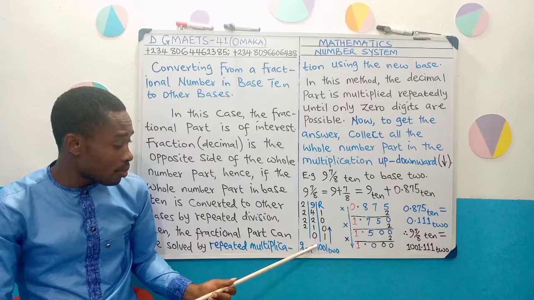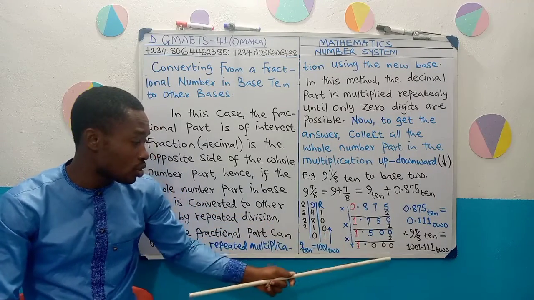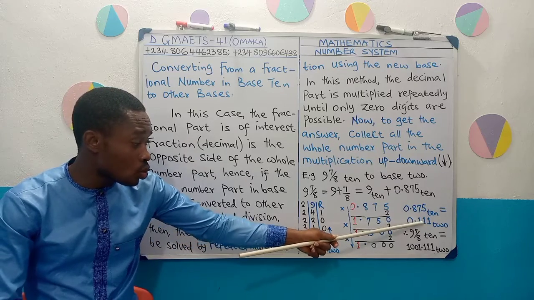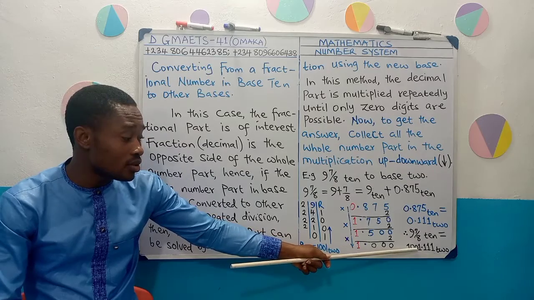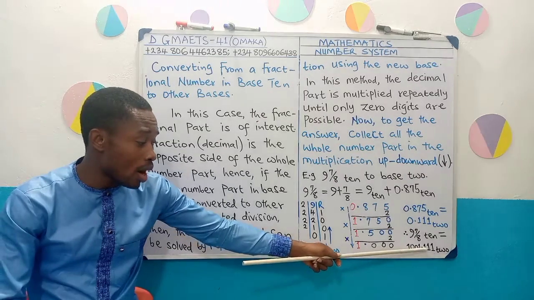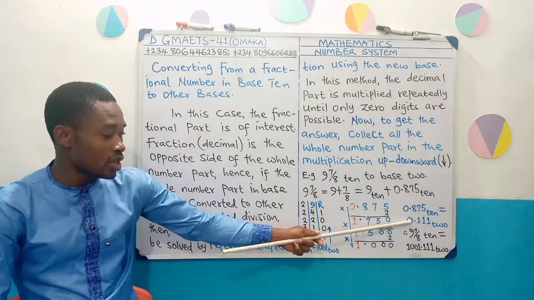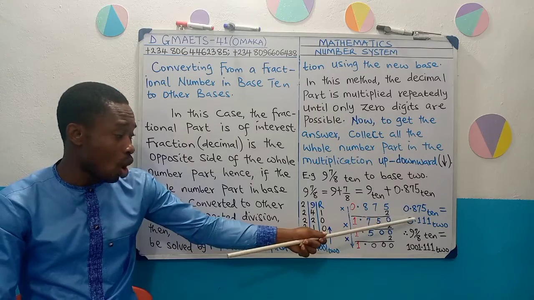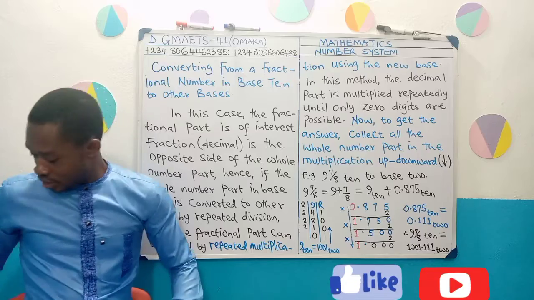Add both of them. So I'm going to get that 9 whole number 7 over 8 base 10 is now equal to, if you add 1001 base 2 plus 0.111 base 2, the answer you will get is 1001.111 base 2. It's simple. This 0, which is the whole number, added to this will still give you 1001, then 0.111. So that's how we handle this problem.